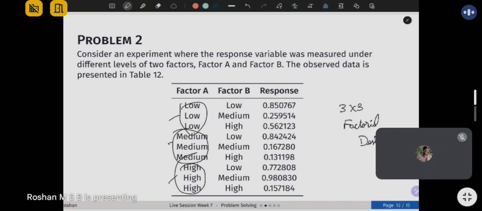Not six. Medium is also there, right? So it's low-low, low-medium, low-high, that is one each. Medium-low, medium-medium, medium-high. Then high-low, high-medium, high-high. Nine. Yes, nine.